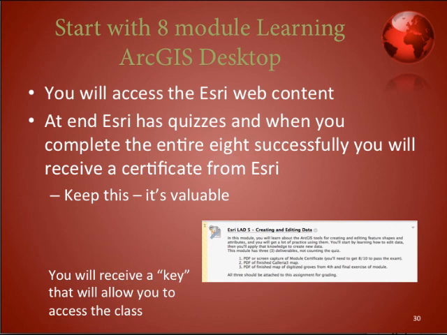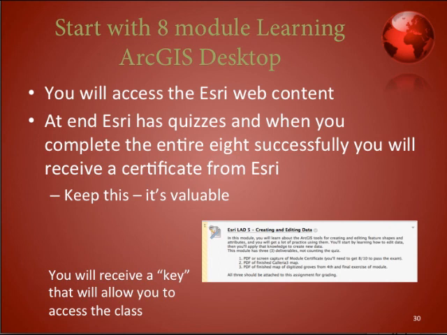The class has 8 modules, and at the end of each module, there's a short quiz from ESRI. You must get at least 8 out of 10 questions correct to pass. And if you do, when you finish, you'll receive a certificate of completion for that module.